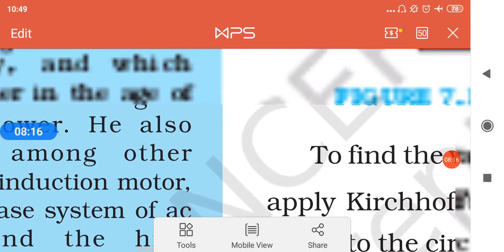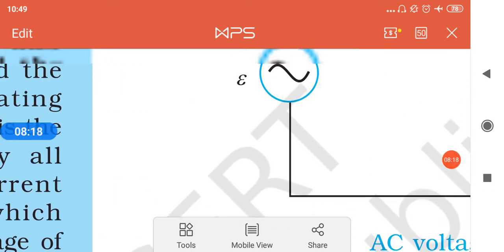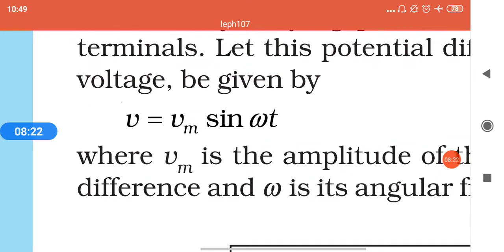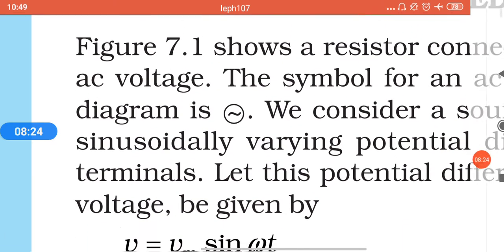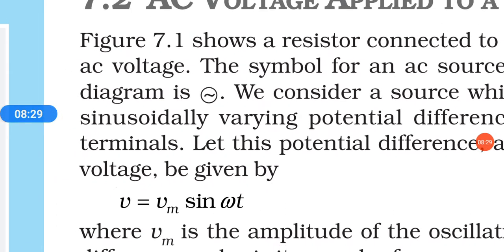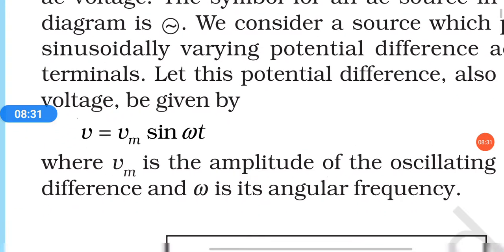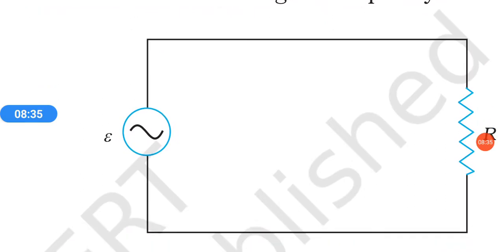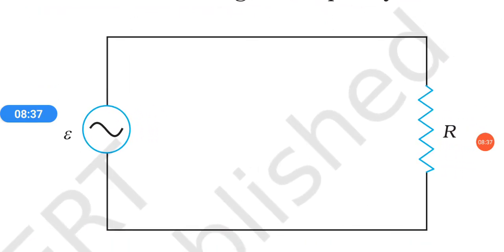That's why we call it alternating current. This figure shows the alternating current. It is applied here, E is the EMF, electromotive force.